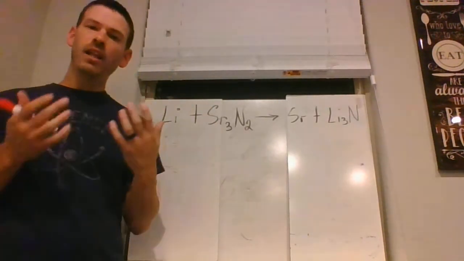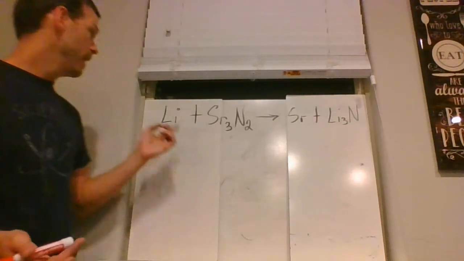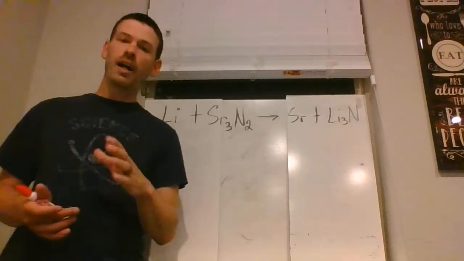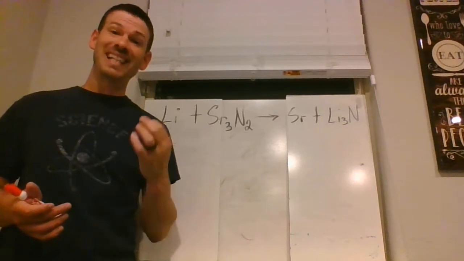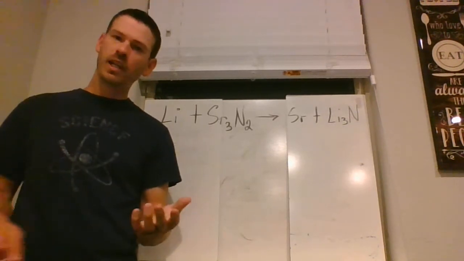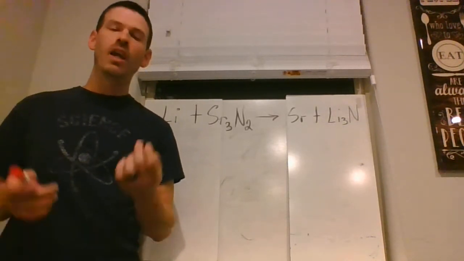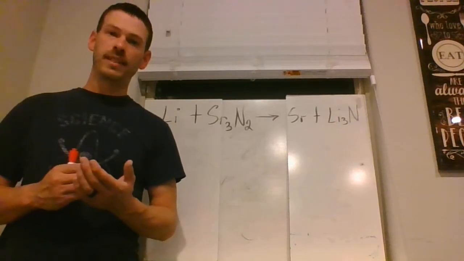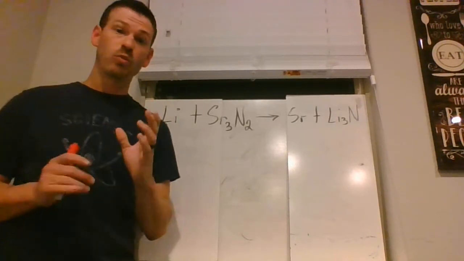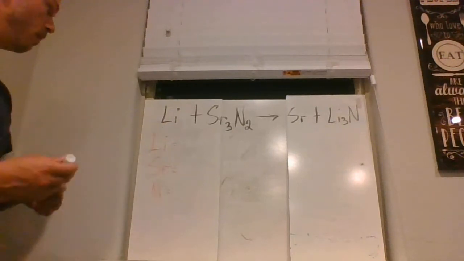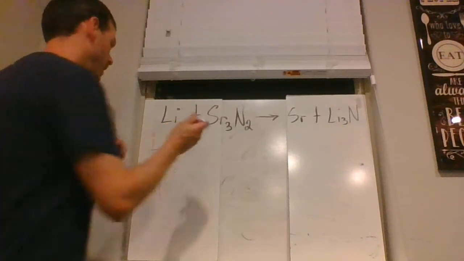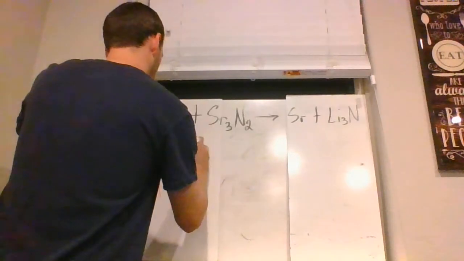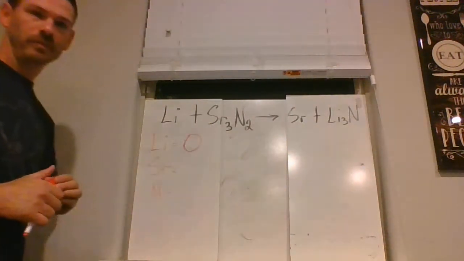If an element's unbonded, a free element like lithium here, its oxidation state is automatically 0. So write that real big in your notes, circle it 11 times. A free element always has an oxidation state of 0. So right away, looking at lithium all by himself there, I can say lithium's oxidation state here is 0.